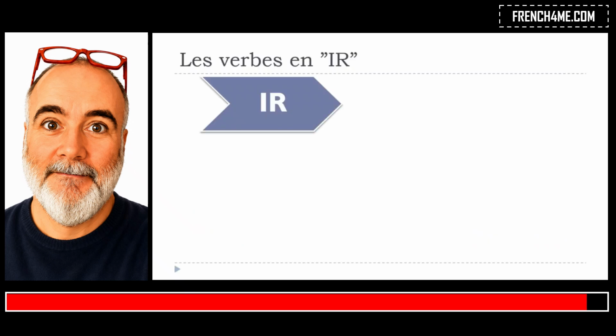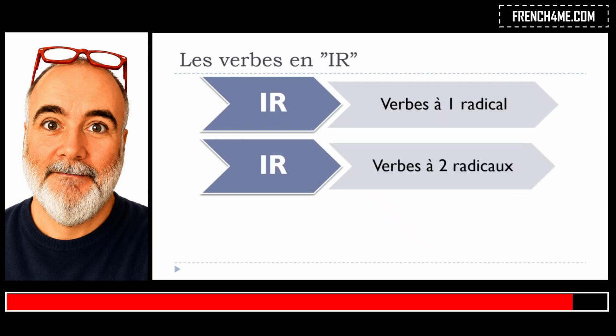And so basically, in that case, the verbs ending with ER, we'll see three categories. The first one will be what we call les verbes à un radical, okay? So we'll see that a bit later, but radical is the stem, the root, okay? So actually, these ones are quite easy to conjugate. The second group is les verbes à deux radicaux.